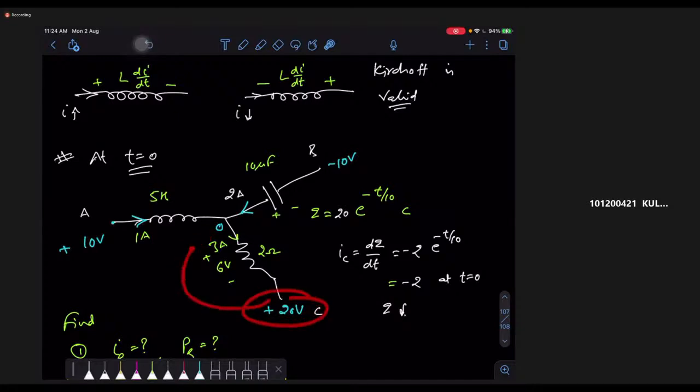You are going against the current through the resistance, so the potential rises. So it is going to be 26. The potential at O is 26 volts. Next point here is: what is the potential drop across my inductor?